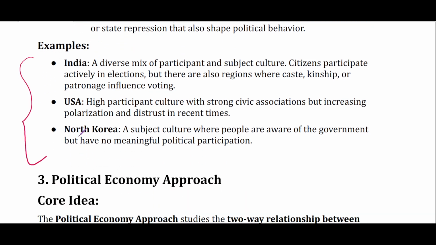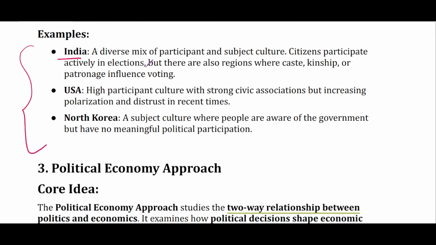Now examples, first India. India is a diverse mix of participant and subject culture. In larger cities, in megapolises, citizens actively participate in elections and elections are mostly free and fair without any coercion.